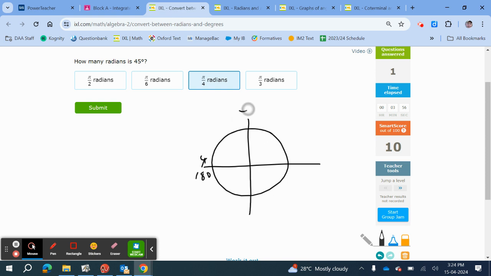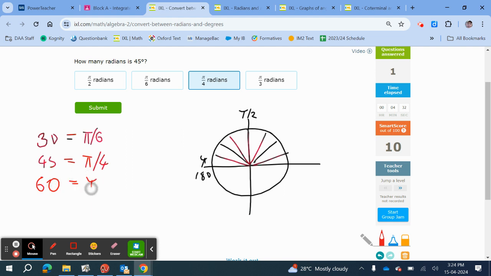Half of it is pi over 2. 30 is pi over 6, 45 is pi over 4, 60 is pi over 3, since there are 3 sixties in 180, and 90 is pi over 2.